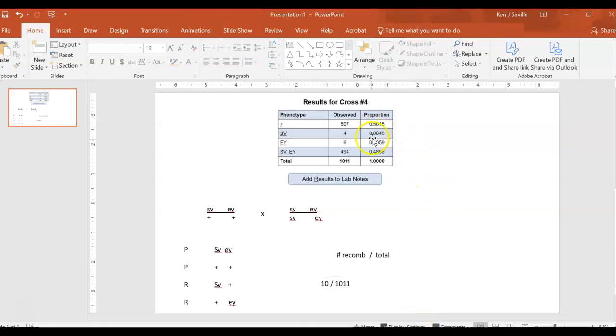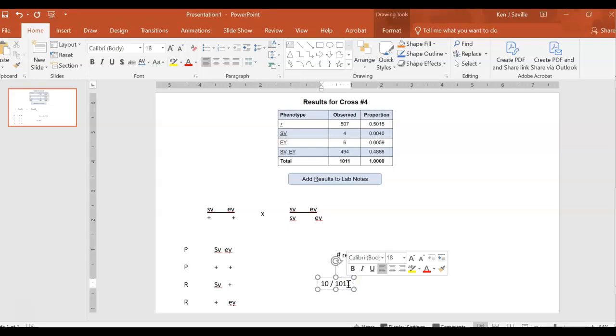The other thing this program does for you is give you the proportion. So you could just add these proportions up: 0.004 plus 0.006 is 0.010, which is the same as this. Or you can just divide this and multiply it by 100%.